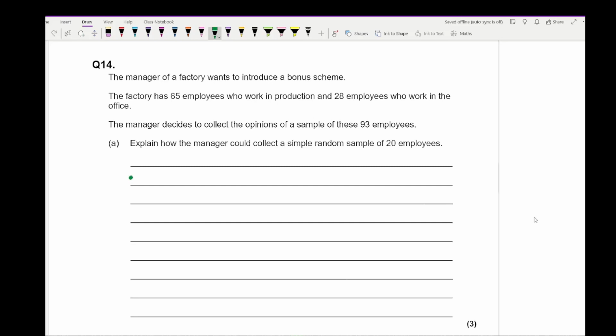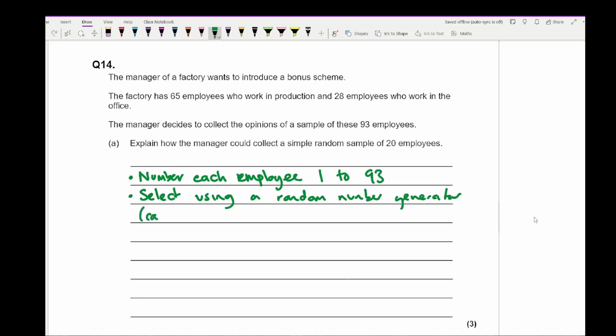The first thing you need to state, and again these are open to different interpretations, is that you want to give a number to each employee (1 to 93). The next thing you want to do is select using a random number generator, and that can be on a calculator, a computer, numbers out of a hat, or you could use a random table, which is more for the older mathematicians.